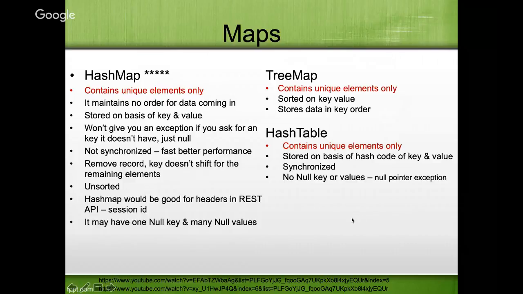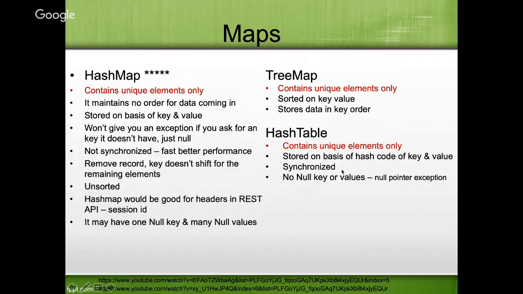In the tree map, I'm actually going to go down to this hash table. Unique elements only, stores on the basis of hash code of the key and then value. Okay, it's synchronized, no null key values, or you'll get a null pointer exception.